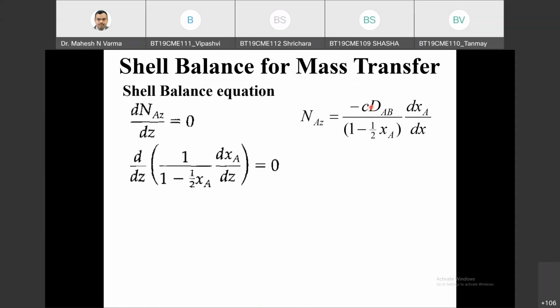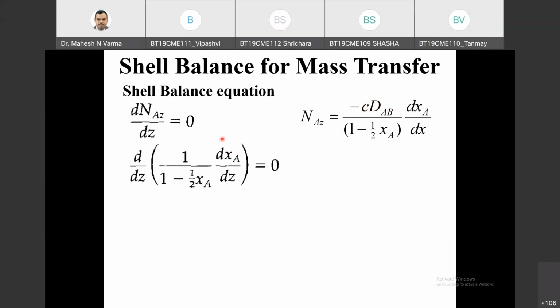Total concentration depends upon pressure and temperature, and pressure and temperature are not changing, so it is not given. If that is also changing, we need to assume that here. Assuming the total concentration is kept constant, as well as the diffusivity, this will be the equation.